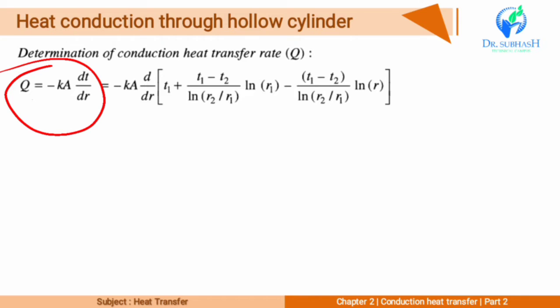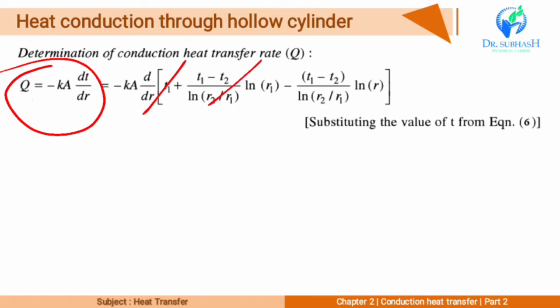Q is equal to minus K dT by dr. Substituting the value of T from equation number 6, we get minus K d by dr of T1 plus T1 minus T2 upon ln R2 by R1 into ln R1 minus T1 minus T2 upon ln R2 by R1 into ln R. Now differentiate this term: d by dr of T1 is equal to 0, and d by dr of the second term is also equal to 0.